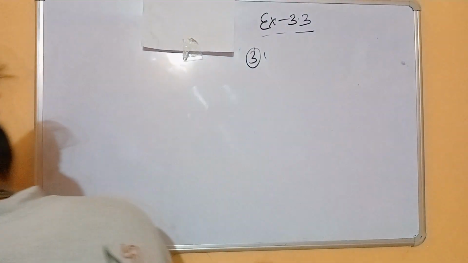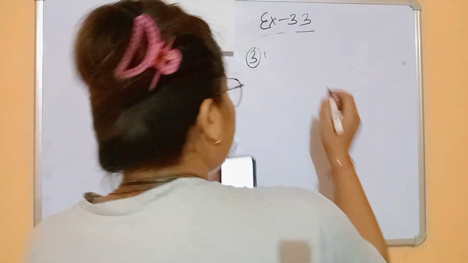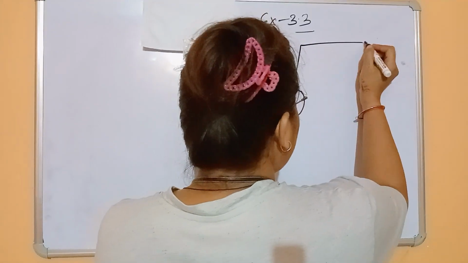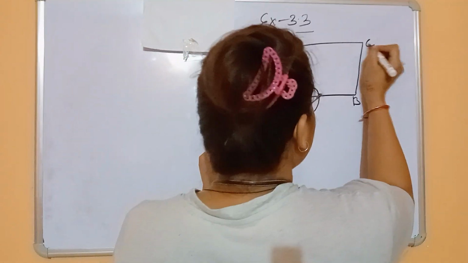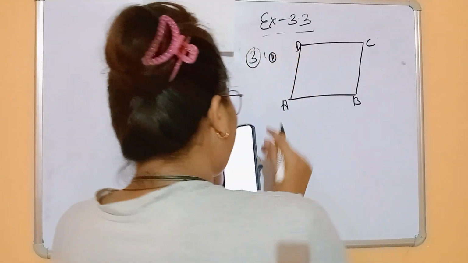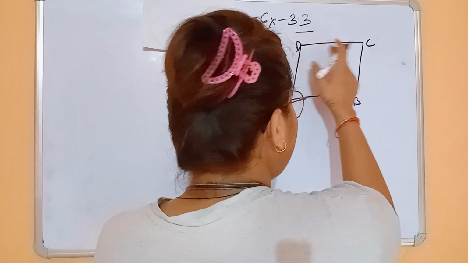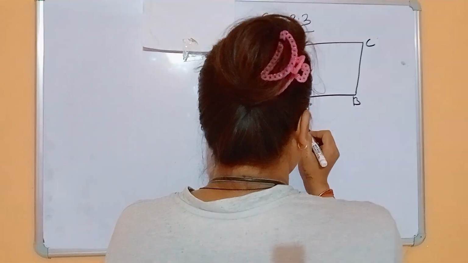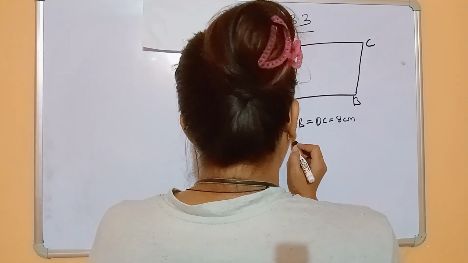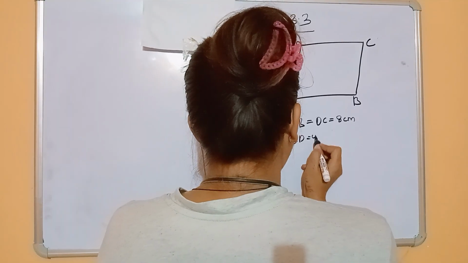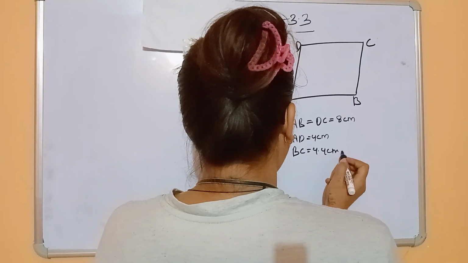In the second question we draw the figure. Sorry, I removed it here, but let's draw the figure. ABCD is a parallelogram. AB is equal to DC, which is 8 centimeter, and AD is equal to 4 centimeter, BC is equal to 4.4 centimeter.